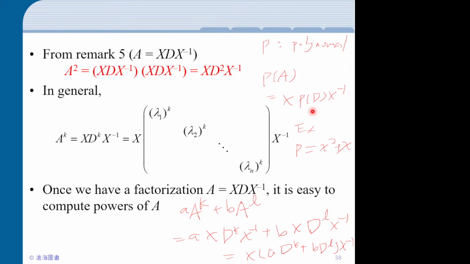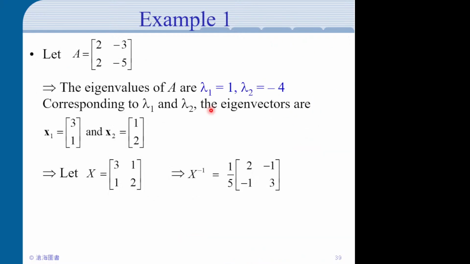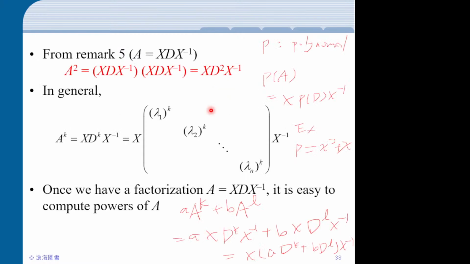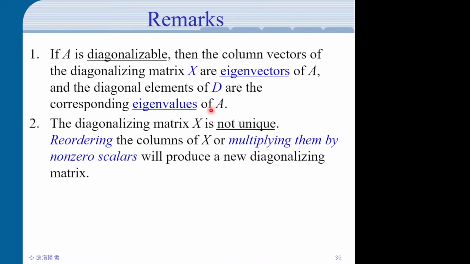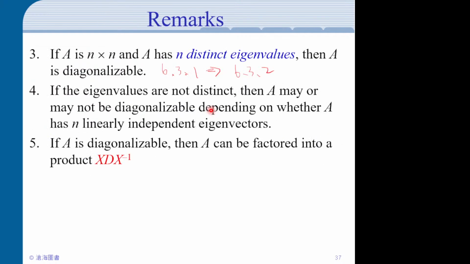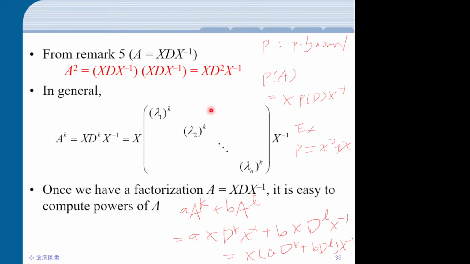Okay, and yeah, but we don't have a slide here, so let's stop this for now and go back to more examples of actual diagonalization. Okay, and I guess any questions so far for theorems 6.3.1 and 6.3.2, and what is diagonalization?